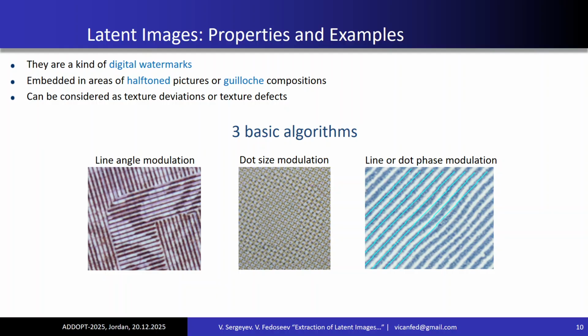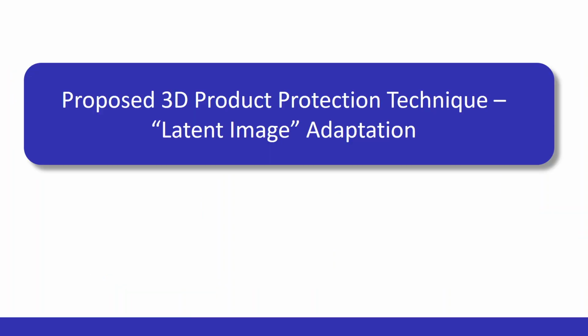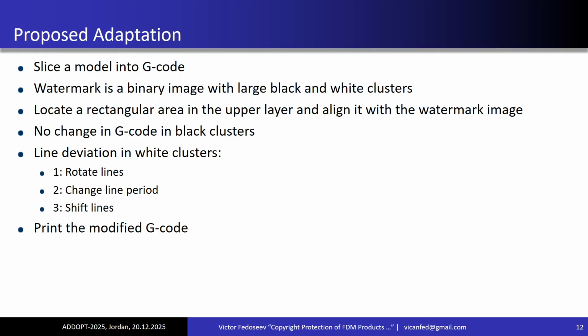There are three known basic algorithms for line deviations, which are line angle modulation, dot size modulation, and phase modulation. And now our adaptation of this technique to 3D product protection.